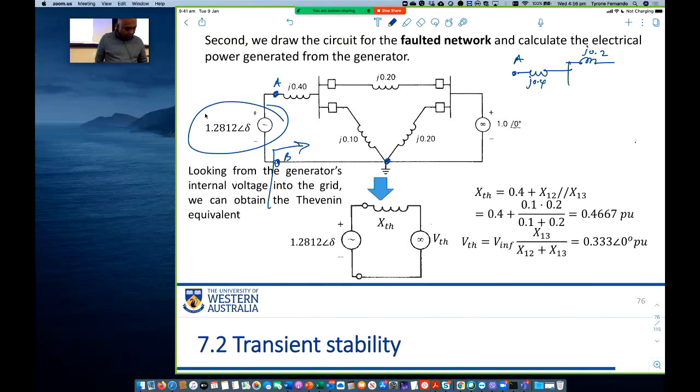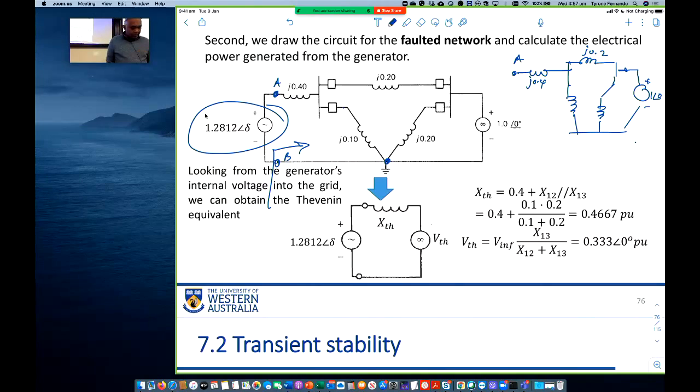And I have the infinite bus, 1 angle 0, and then I have this point connecting to ground.